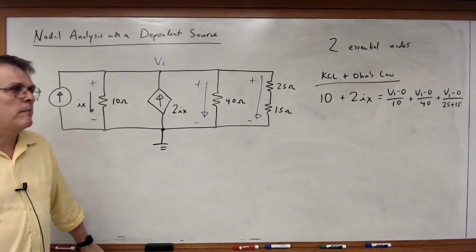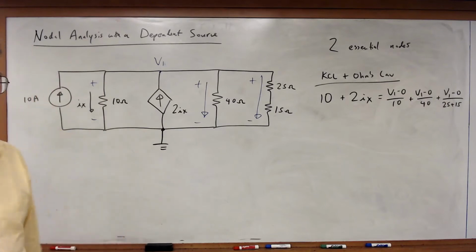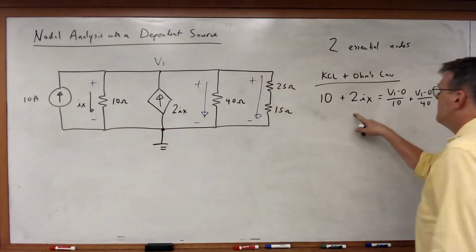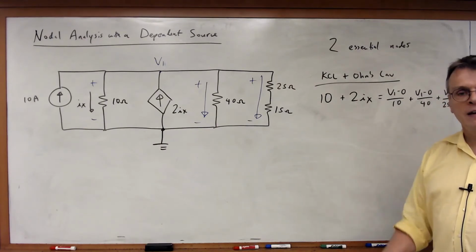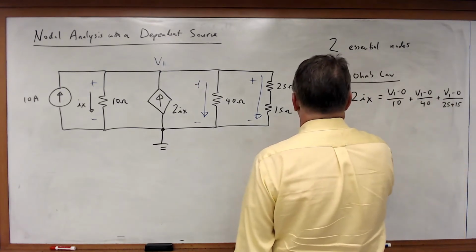There's only one problem. I can't solve this. And the reason why I can't solve for this is because I've got two variables but only one equation. I need another equation. And what I need is the dependent source variable equation.